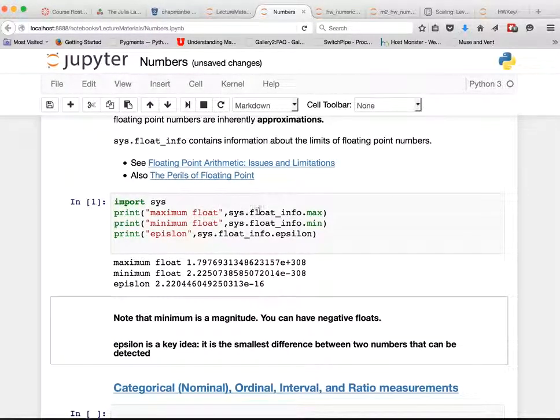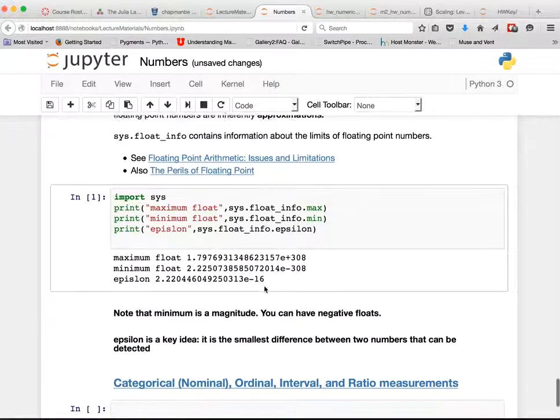There's a maximum floating point number that we can represent, and a smallest floating point number that we can represent, and these are magnitude concepts that can be negative. And then there's epsilon, the smallest difference between numbers that Python will be able to recognize. Any calculation we do that might have a difference of values less than this is not going to be detected in our Python code.